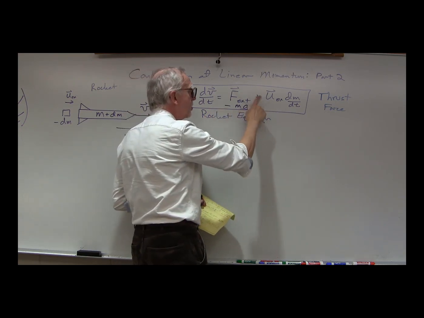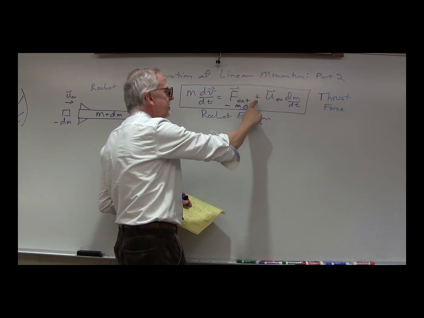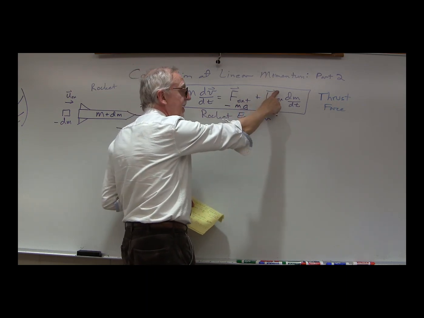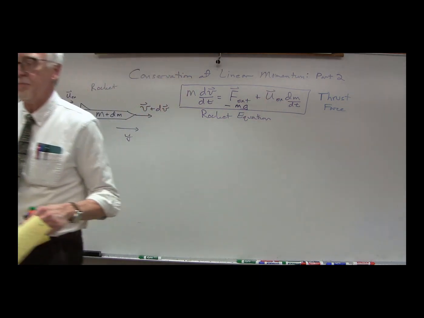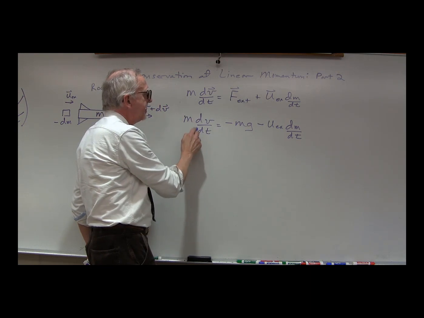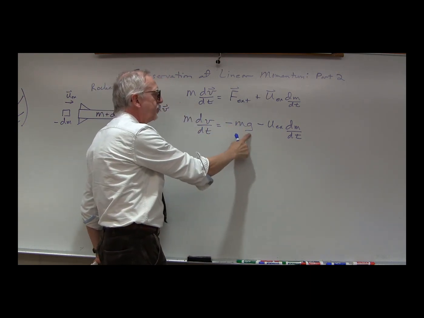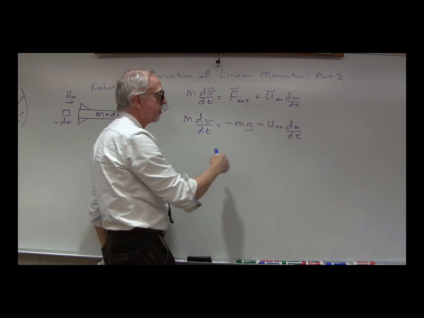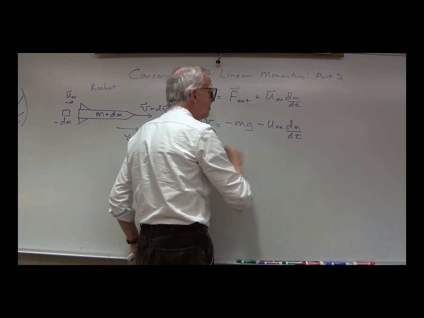So we're going to write this as a scalar equation, removing the vector signs and putting in pluses and minuses to indicate the direction. So let's do that. We have m dv dt equals gravity in the negative direction, minus mg, and then exhaust velocity is in the negative direction relative to the rocket, so we'll write this as negative u exhaust dm dt.